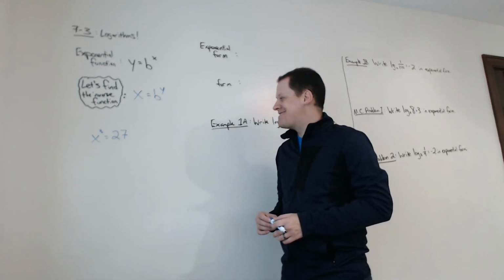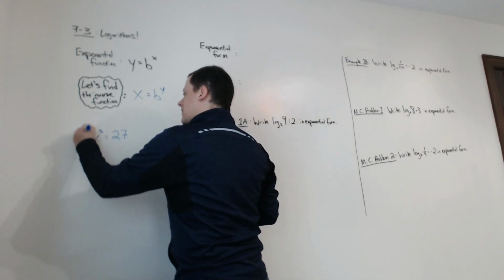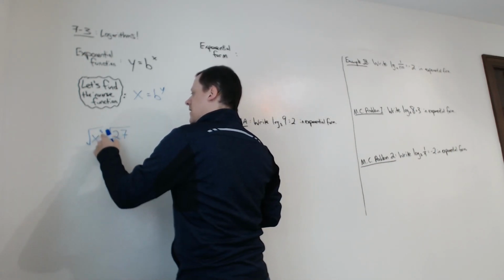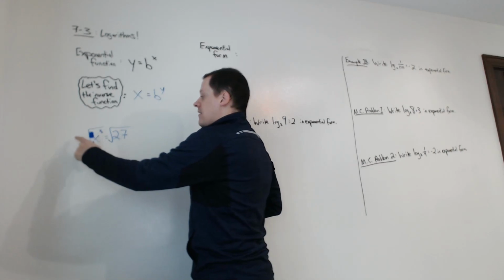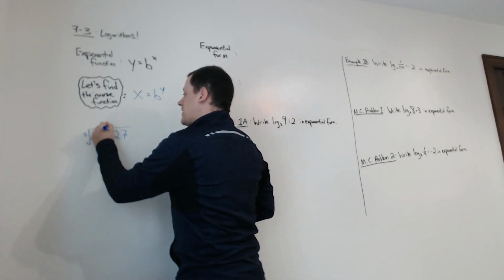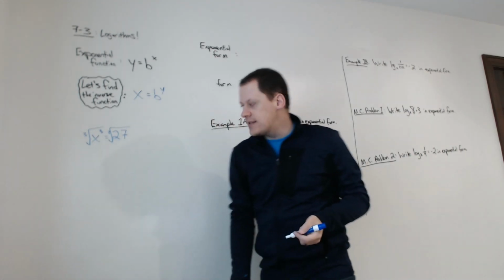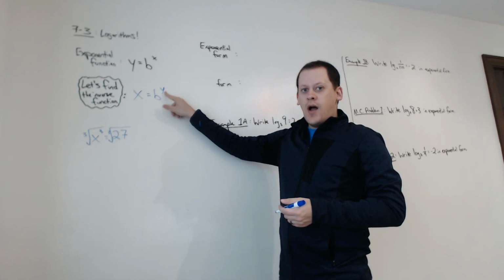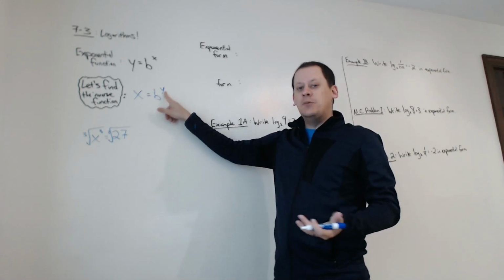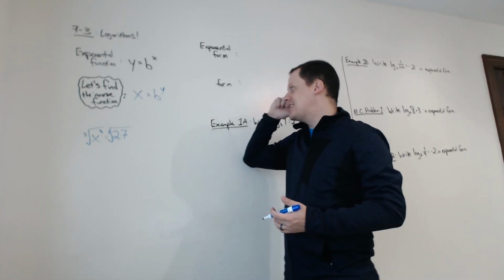Remember? We need to take the root of both sides, and the index of the root has to match the exponent. So we would actually take the third root, or the cube root, of both sides, to get that x by itself. So if this is to the y power, technically we should be taking the yth root of both sides.